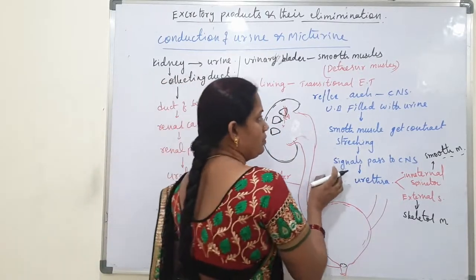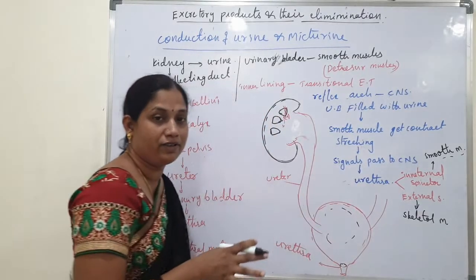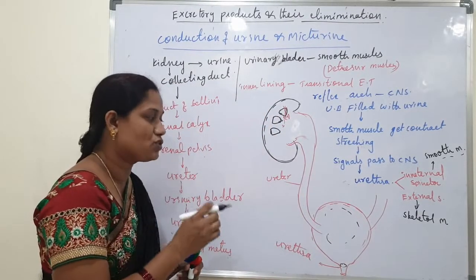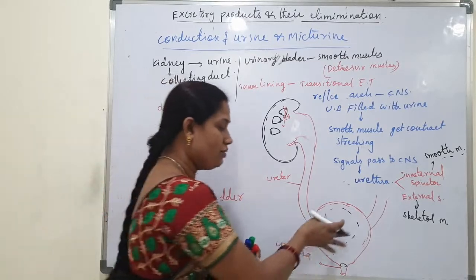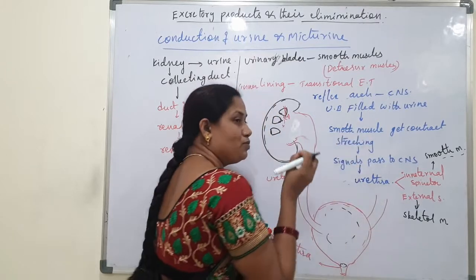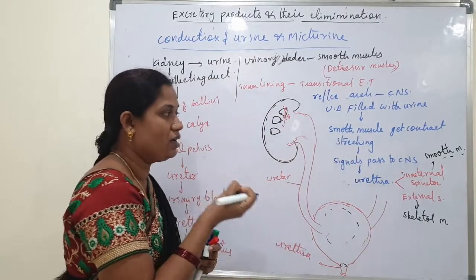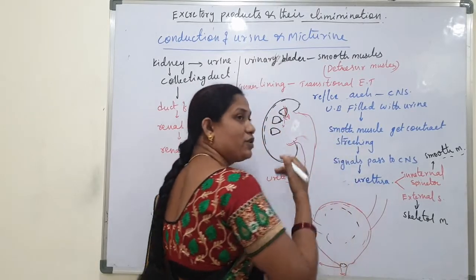The urinary bladder can store a maximum of half to 1 liter of urine. Whenever it fills with urine, the smooth muscle contracts. The signals pass to the CNS, where that information is analyzed.